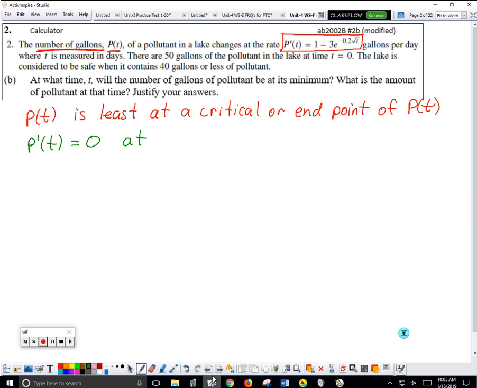So P prime is equal to 0 at t equals 30.17. Make sure you save that number.